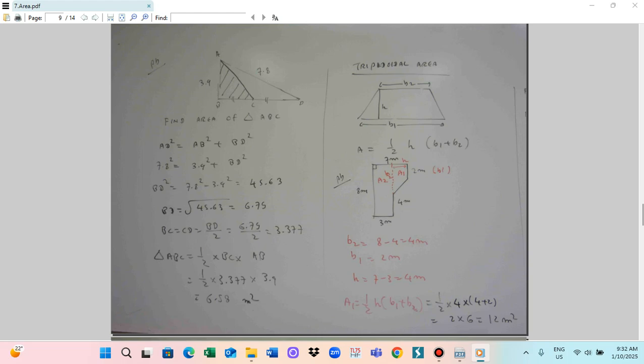To calculate the ABC area, you calculate half multiplied by BC multiplied by AD.